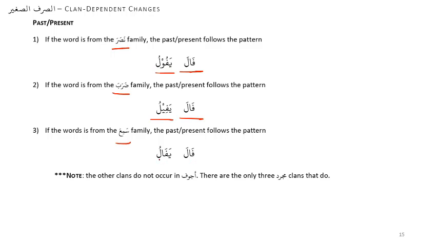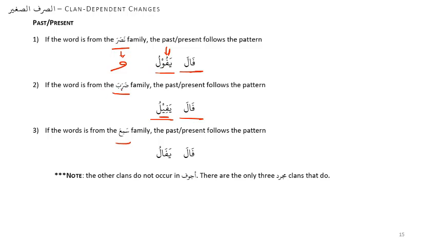So you might be wondering, how do you remember this? What's the mudare for Nasara? Yansuru. So that has a dhamma, so you see yafulu. With Daraba, what's the mudare? Yadribu. So you have a kasra and a ya. So with Nasara, you have a dhamma and a waw, which are friends.